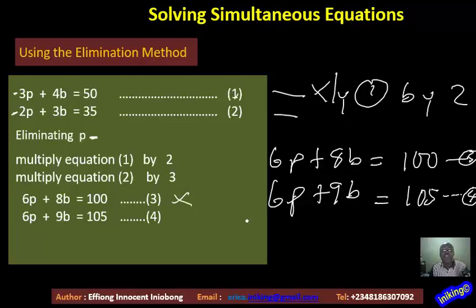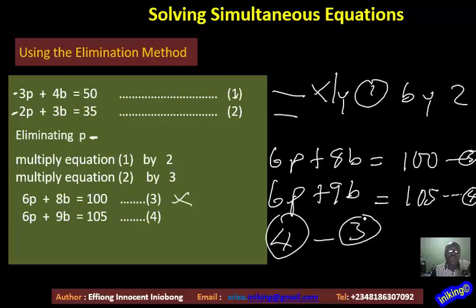So I can simply subtract one equation from the other. Equation 4 minus equation 3: 6P minus 6P is 0P, 9B minus 8B gives me 1B, and 105 minus 100 gives me 5.